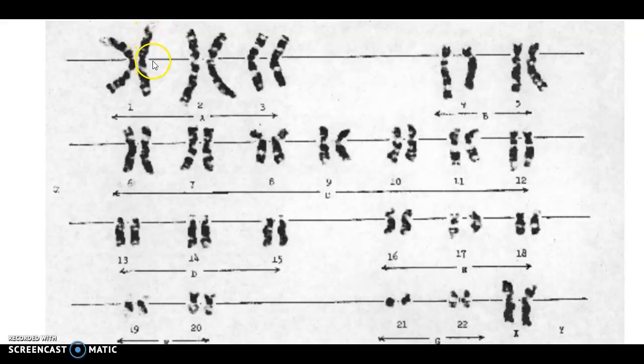Sometimes we see them as X's, where this would be a chromatid, and then it would have a copy attached to it, the sister chromatid. But notice that these are singles, not even little X's. So this would be one individual chromosome, maybe the one from mom, and one individual chromosome, maybe from dad. And this one may be the one from mom and the one from dad, and so on.